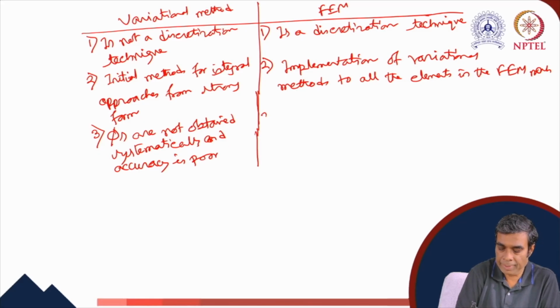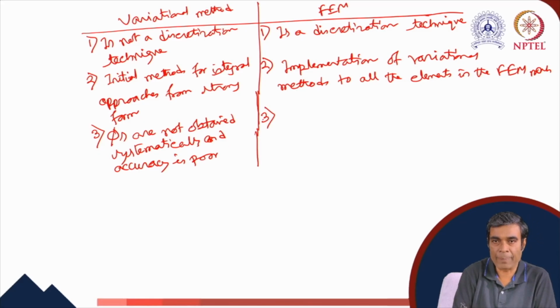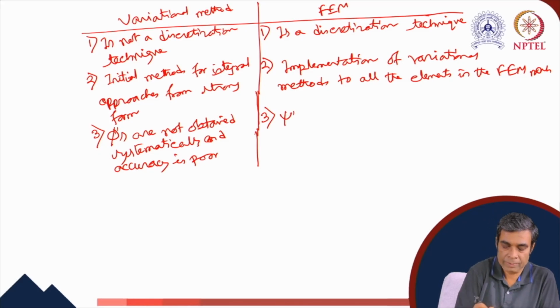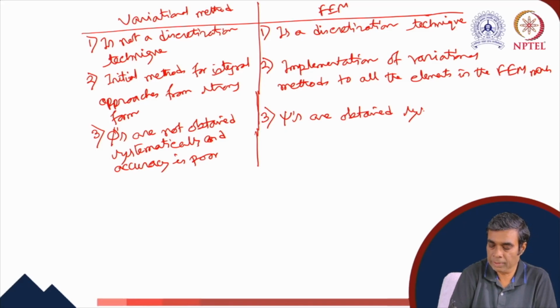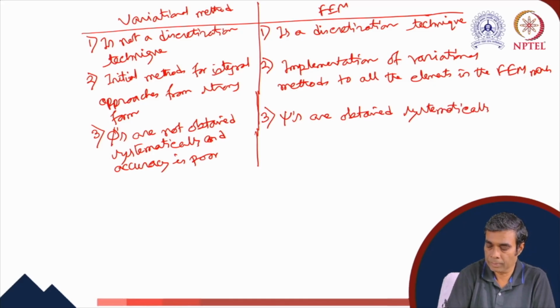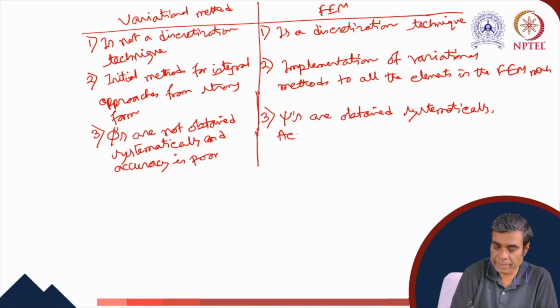In the finite element method, the phis, the approximate functions, are replaced by shape functions psi. So psi are obtained systematically. Accuracy of the solutions is very high.